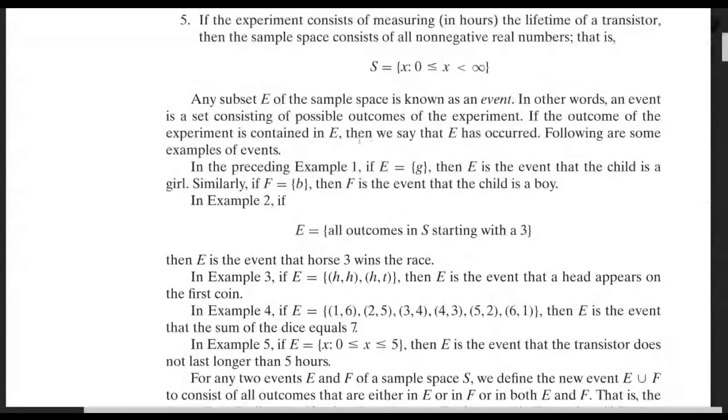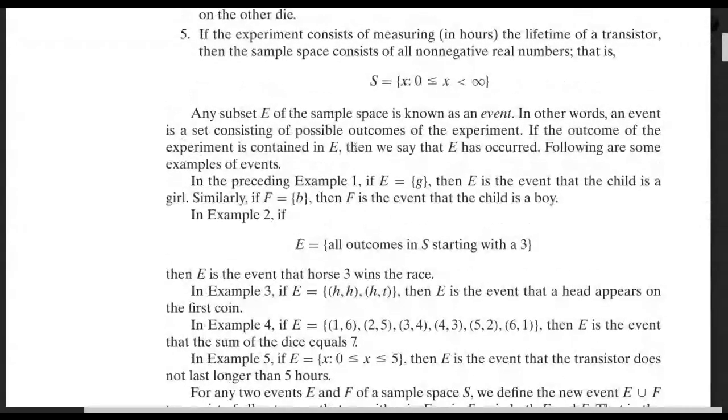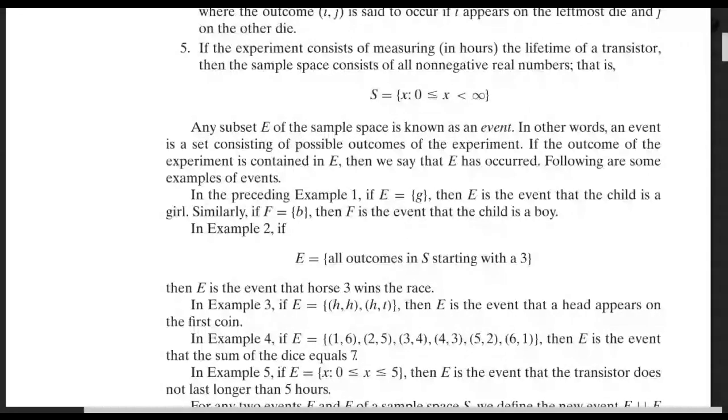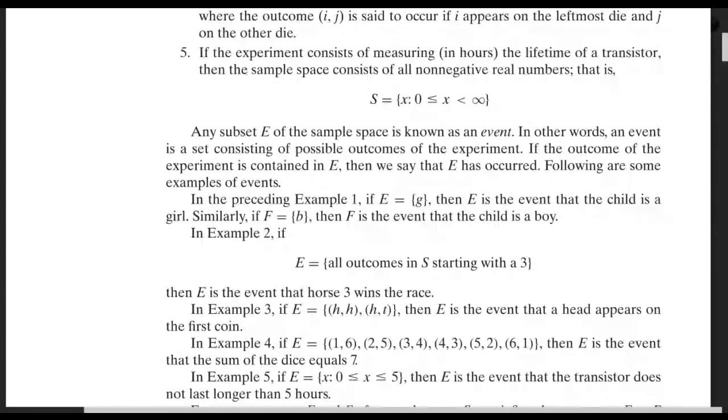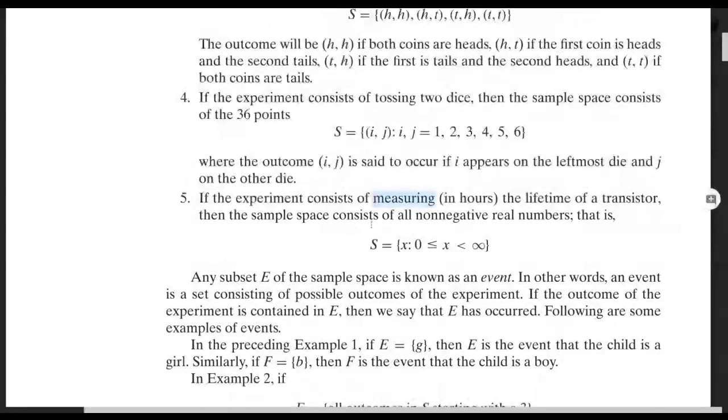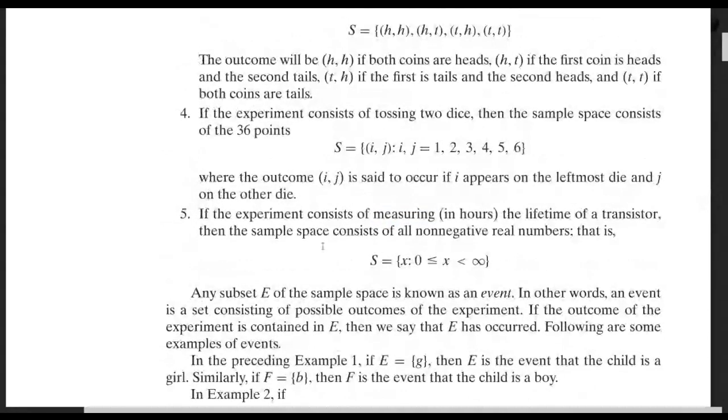And when we talk about sets, how many subsets a set could have is 2 raised to the number of members in it. In this case, for this continuous one, we won't be able to do that.